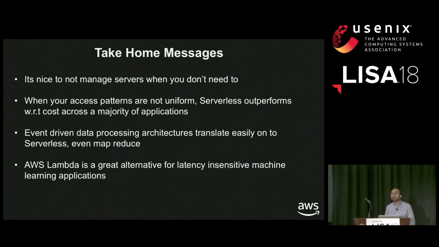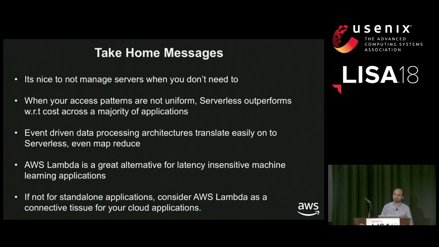It's a great alternative for latency-insensitive applications, especially in the area of machine learning for predictions, as we saw with those benchmarks. Totally viable to use AWS Lambda here. And what I would urge is, if not just for standalone applications, consider using this as the connective tissue for communicating between your cloud applications.